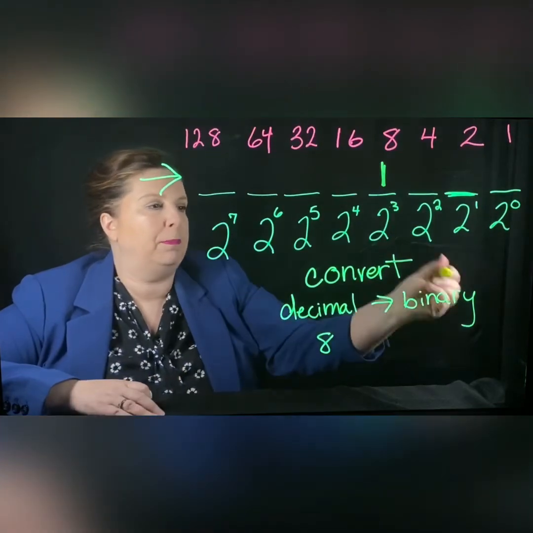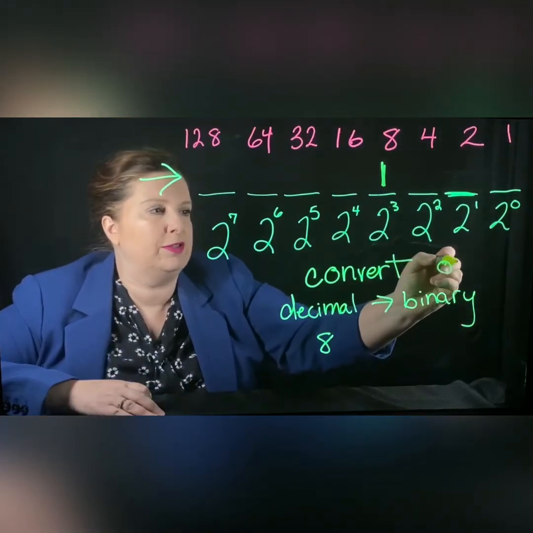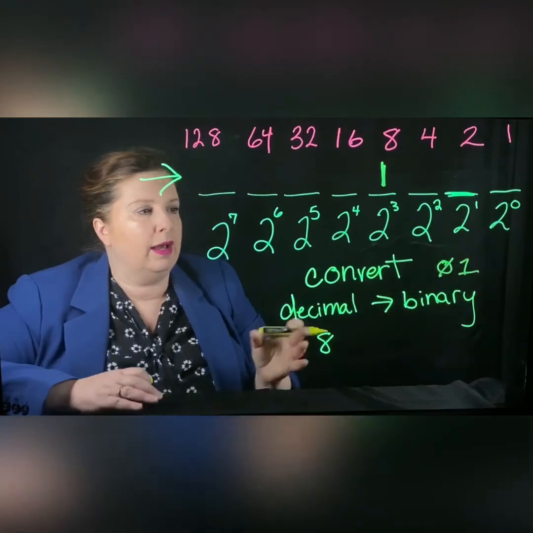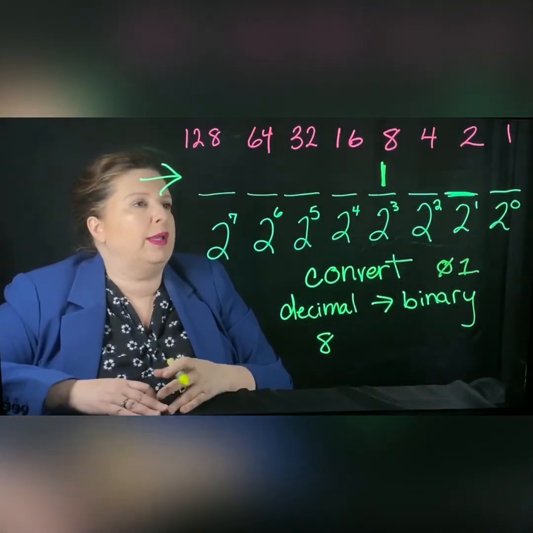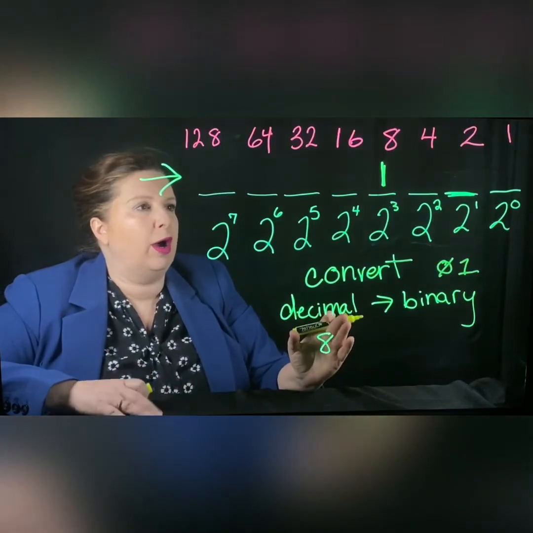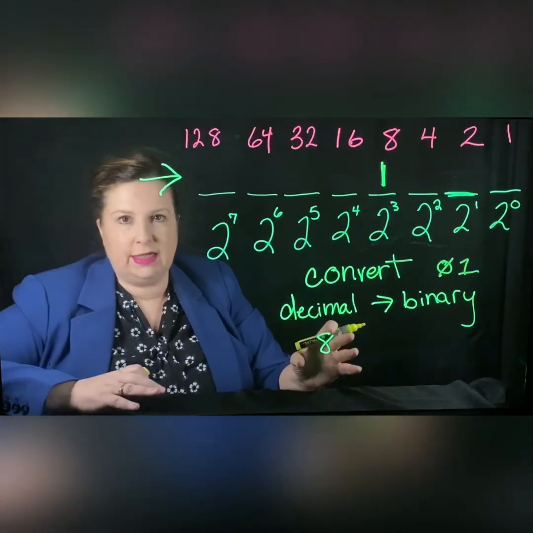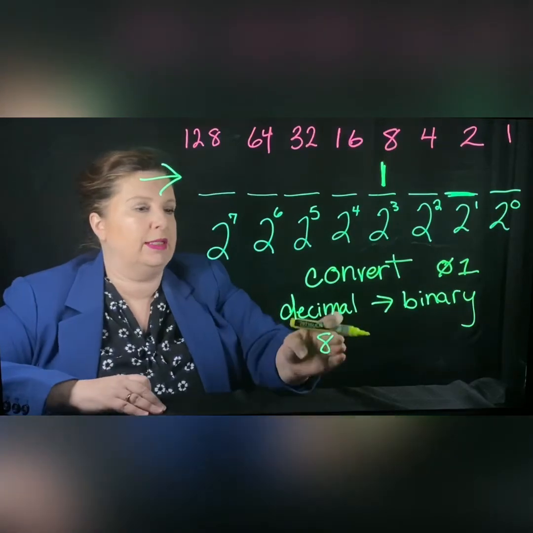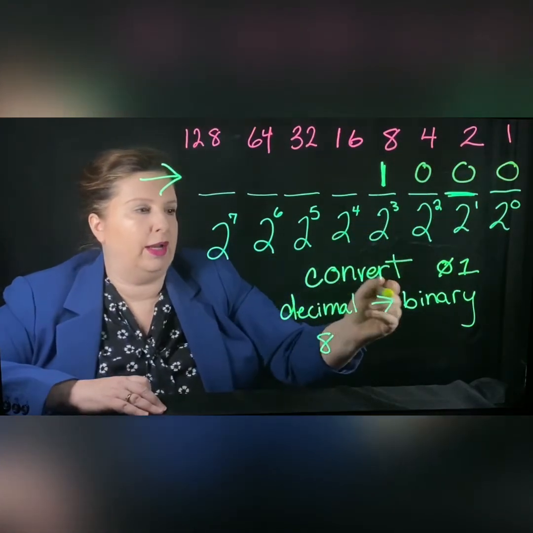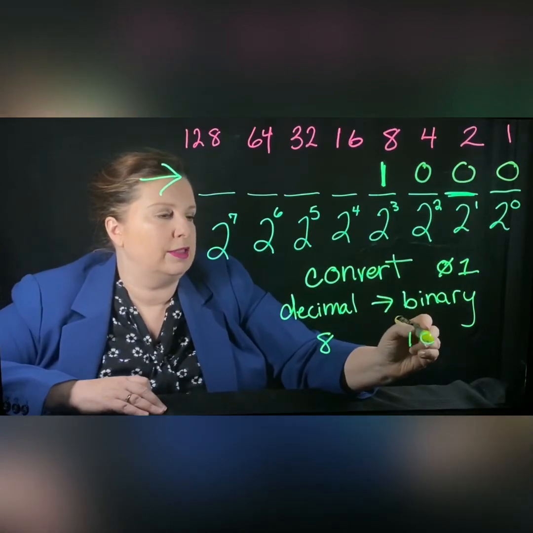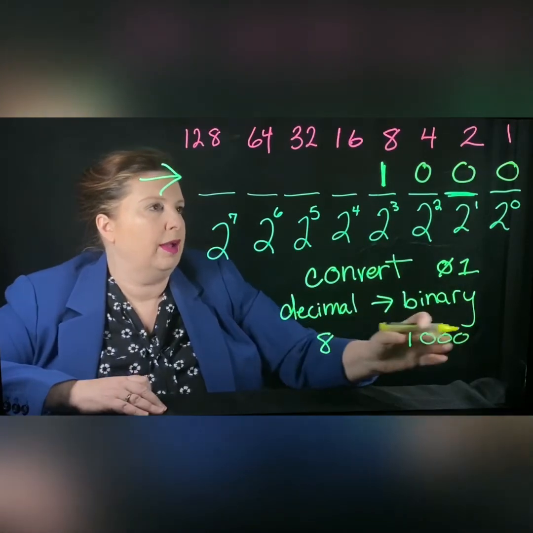Because remember, in binary, we only have 2 options. We have 0 or 1. 1 is on, 0 is off. So in this instance, we have 1, and then we don't need any other bits turned on because 8 in binary is 1, 0, 0, 0.